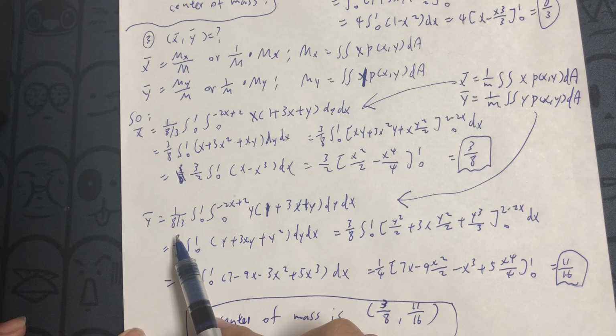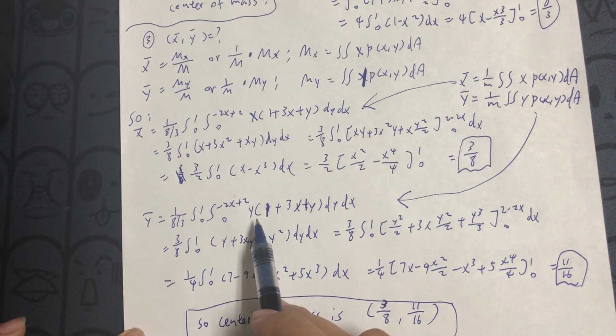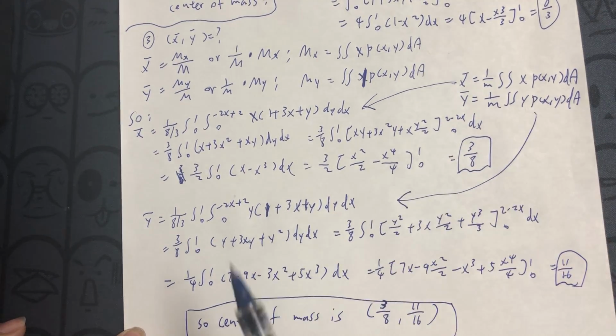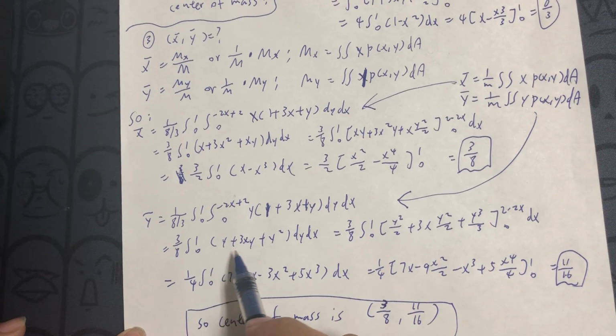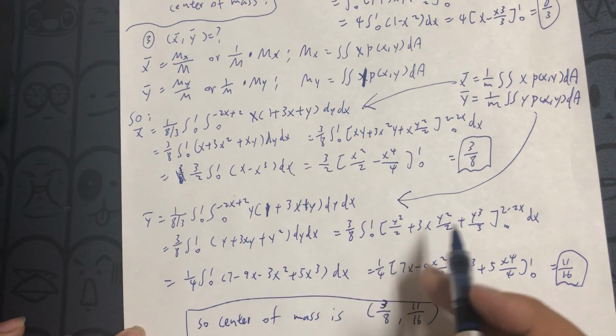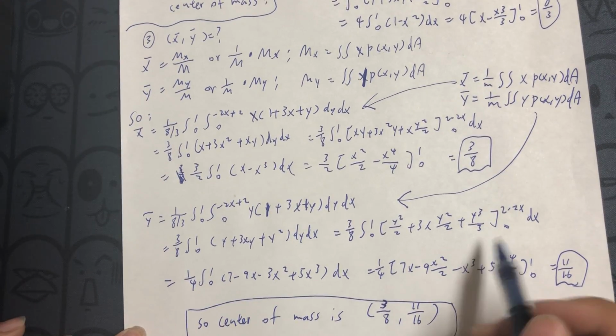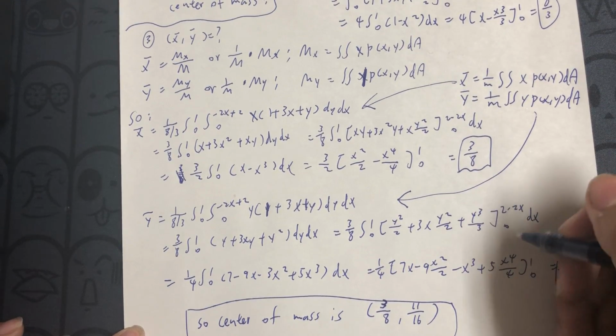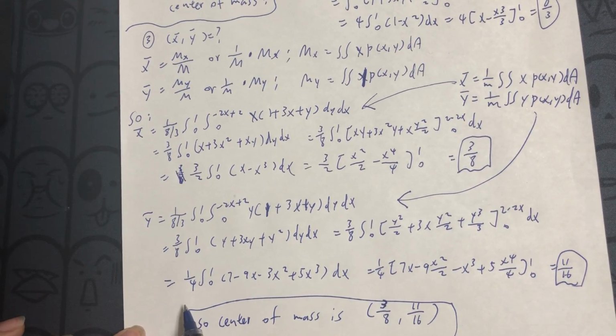And then for y, you also do the same. It's 1 over M, which is 1 divided by 8 over 3. For this, you need to multiply by y because it's with respect to y, so the equation here is y plus 3xy plus y squared. Then you do the integral, minus this, plug in this value.